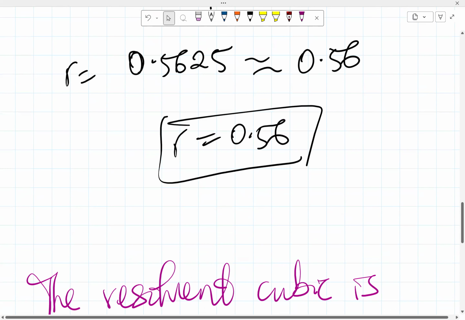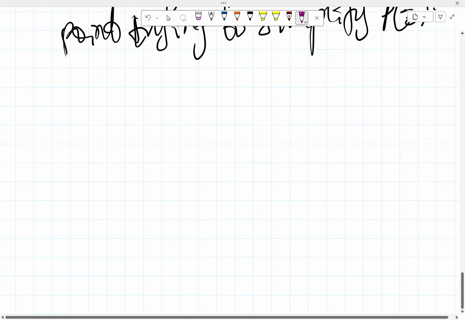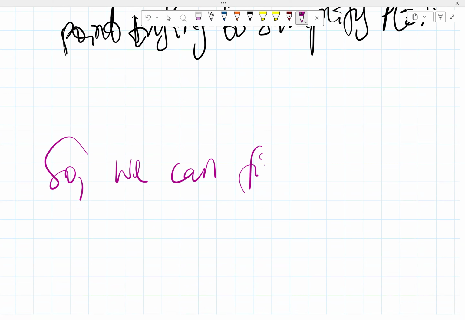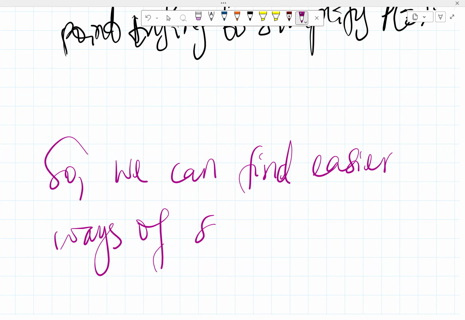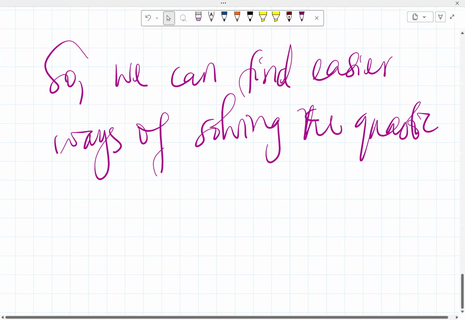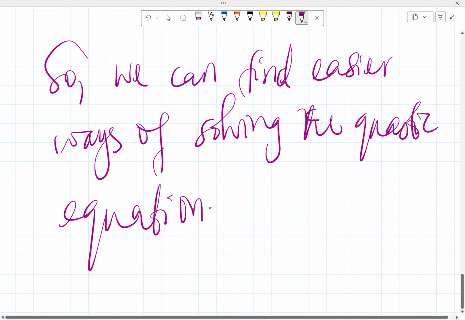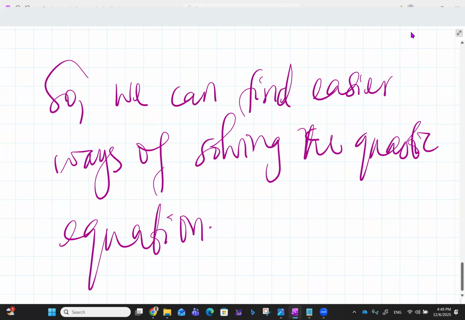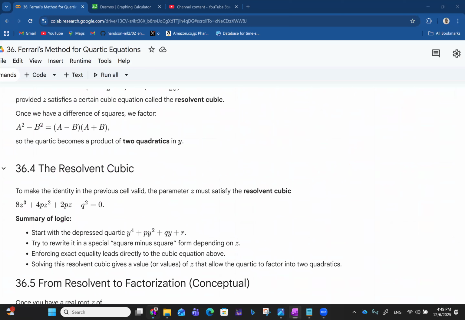So I'm just going to stop on that note. I won't even bother. We can find easier ways of solving the quartic equation. Okay. So I'm just going to stop there. And we already know those ways. You can try to solve using factorization and things like that.